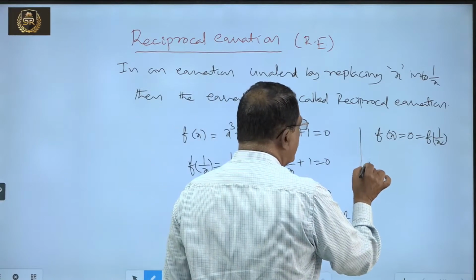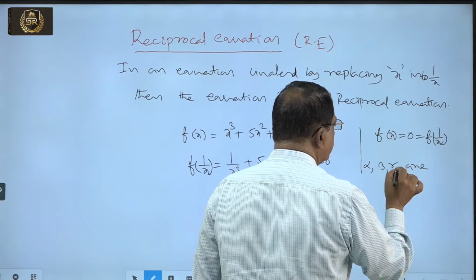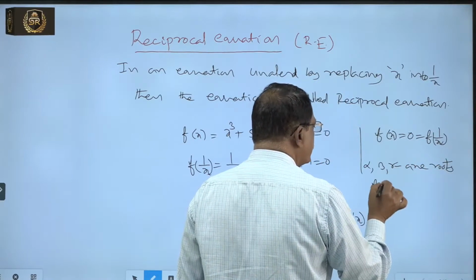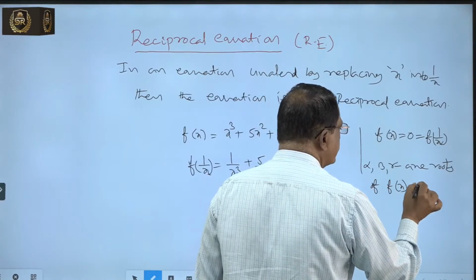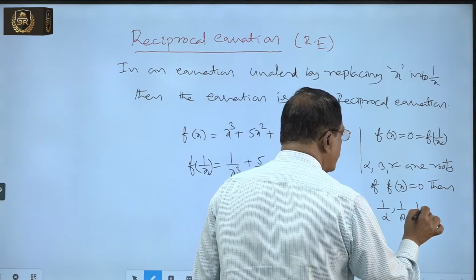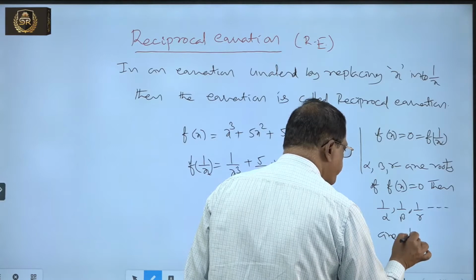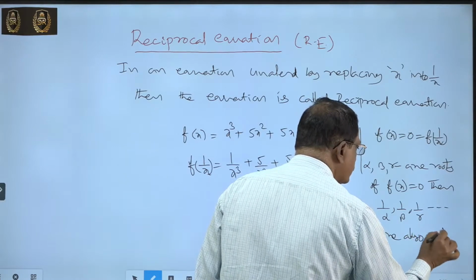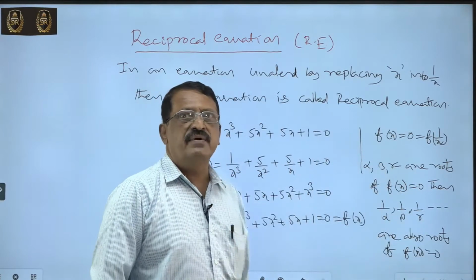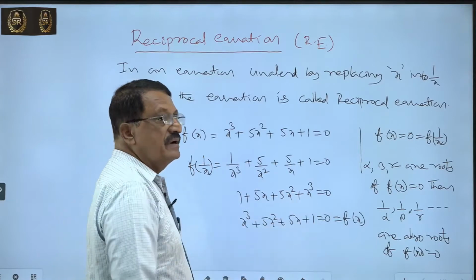Now, suppose alpha, beta, gamma are roots of f of x equals 0, then 1 by alpha, 1 by beta, 1 by gamma and so on are also roots of f of x equals 0, because the roots of f of 1 by x are 1 by alpha, 1 by beta, 1 by gamma.